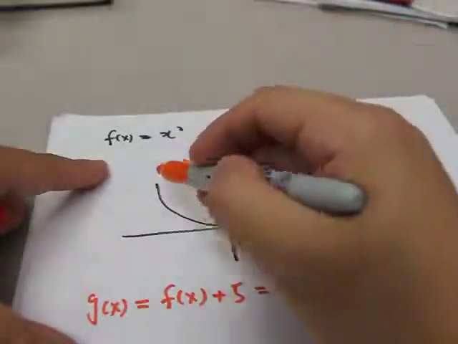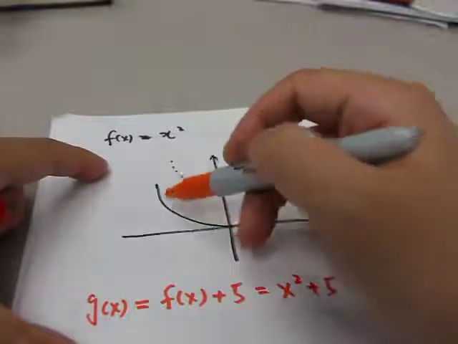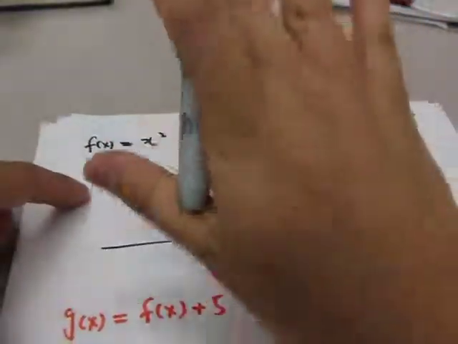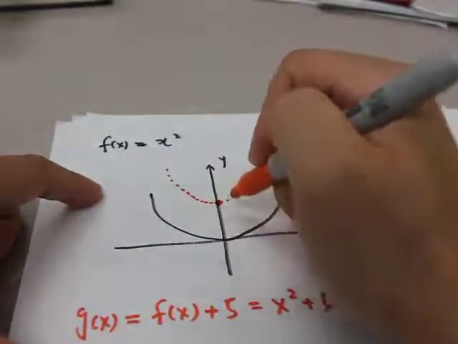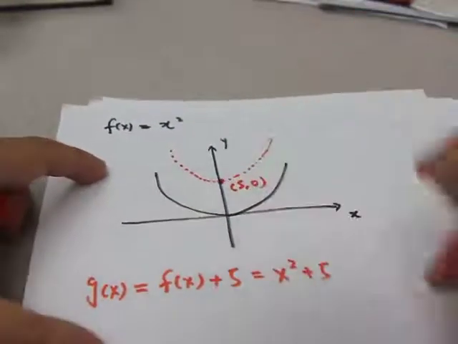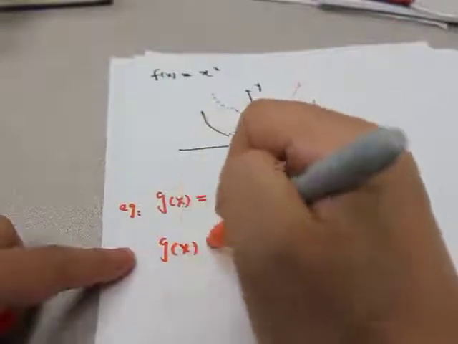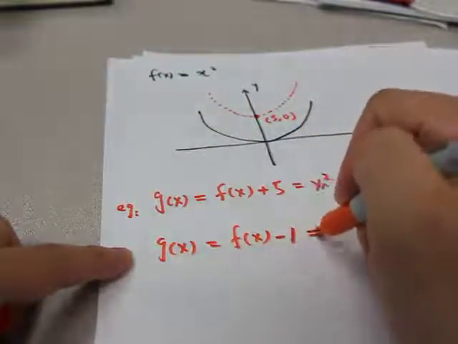So we didn't change the shape of this parabola. All we do is change the position of each point. We shift every point up for 5 units. And what if we define a function f(x) minus 1?